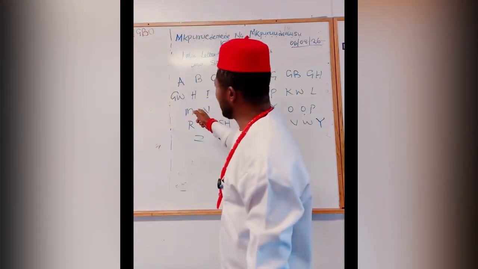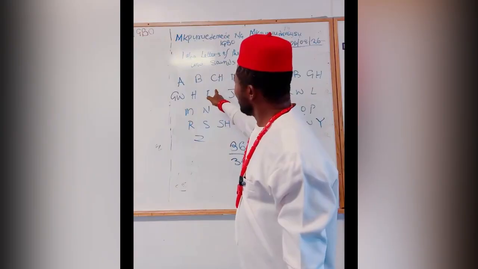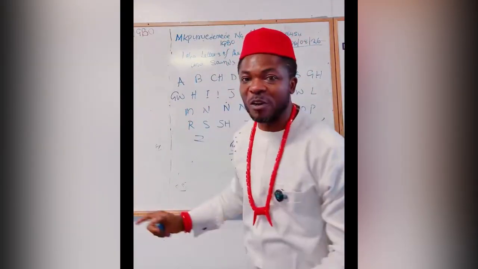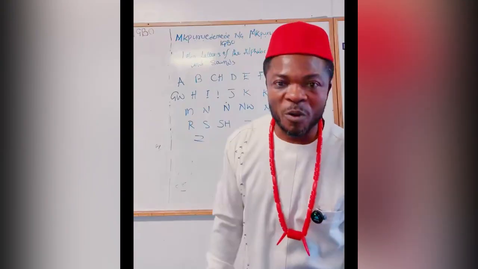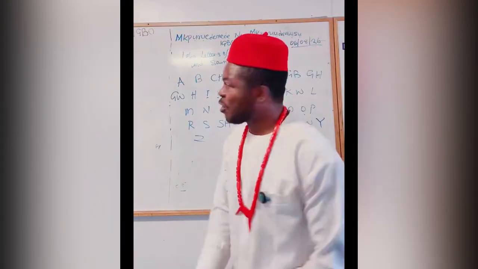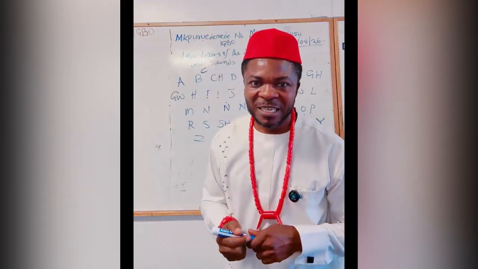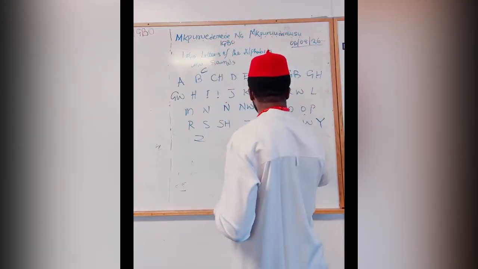The other thing you will notice is in English alphabet, there are letters that are not represented in Igbo because we don't have them. We don't have C, we do not have it. We don't have X somewhere here.